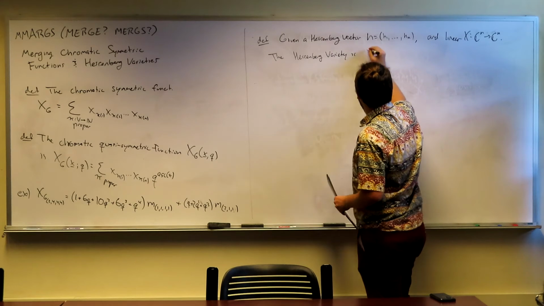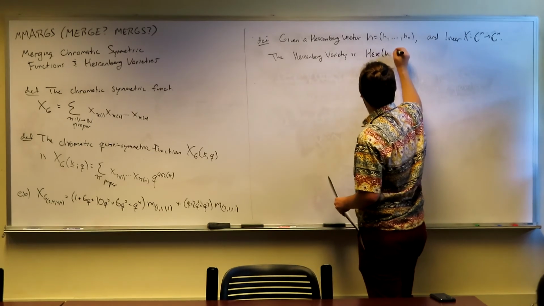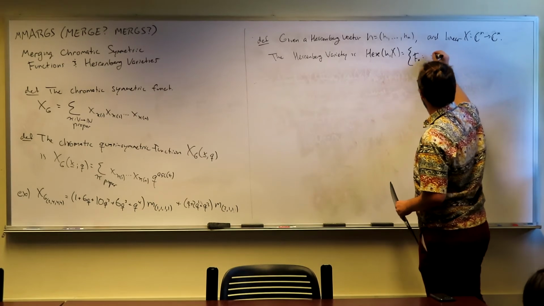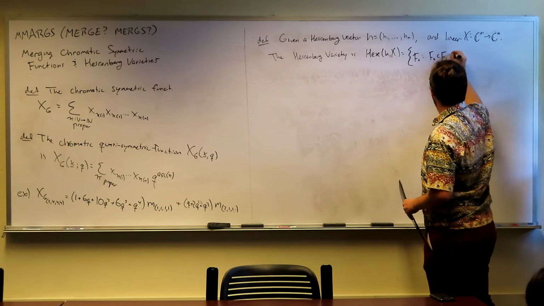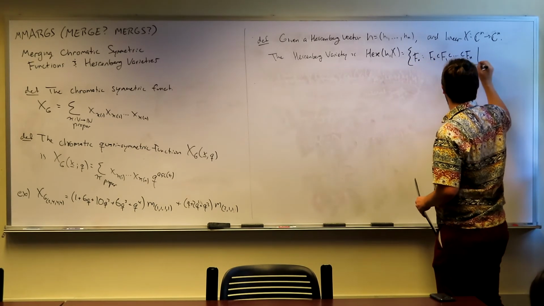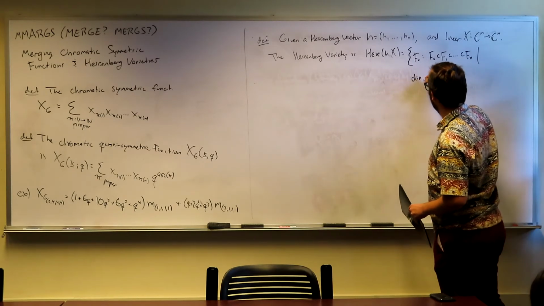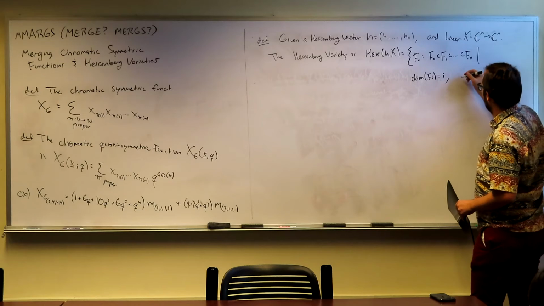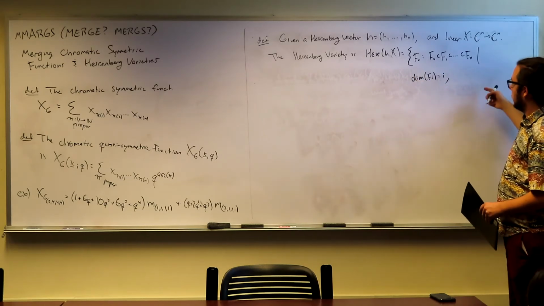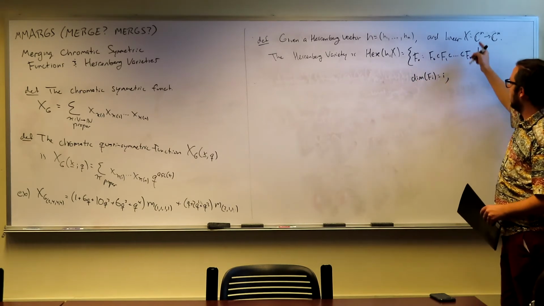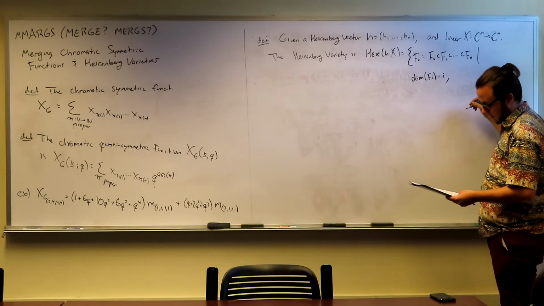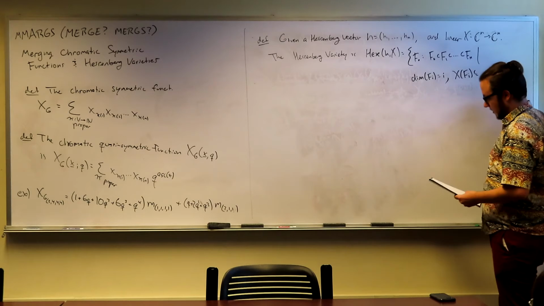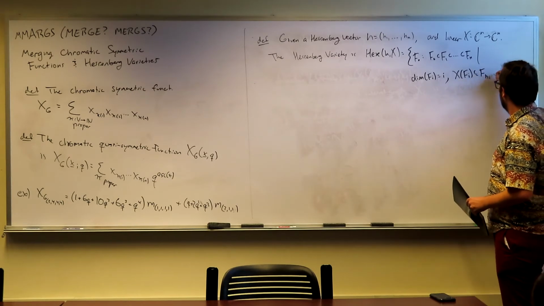The Hessenberg variety Hess(X, H) is the set of all flags such that they're complete flags, meaning the dimension of the ith component is i, and the Hessenberg vector tells you something about containment when you apply the linear map. So I believe it is X of F_i must be contained in F_{H(i)}.